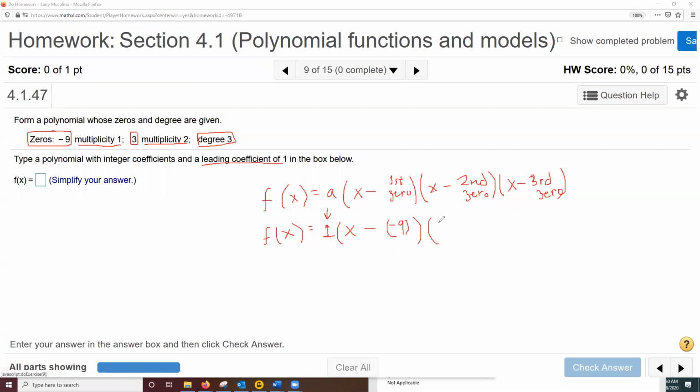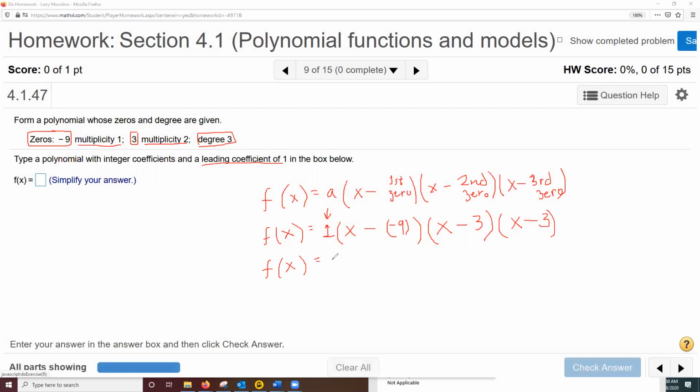Multiplicity 2 is indicating that that 0 of 3 really has to show up twice. So I'm going to write it as x minus 3, x minus 3. So multiplicity is really telling you how many times the 0 appears in this factored form of the function.